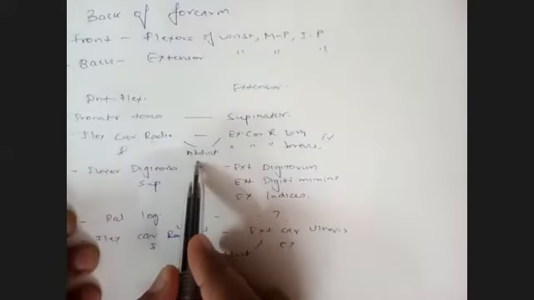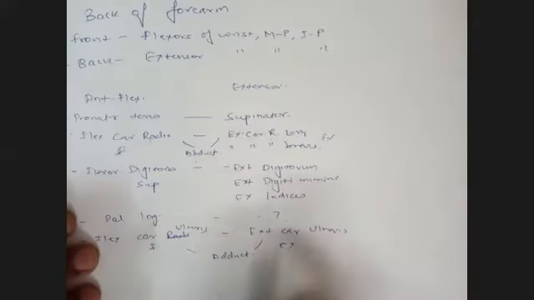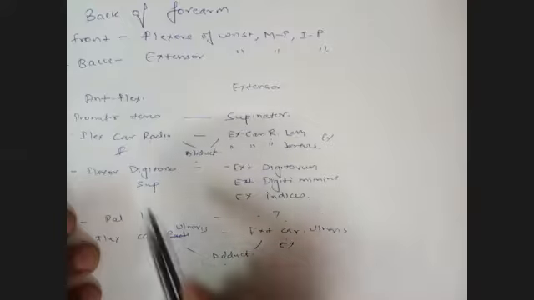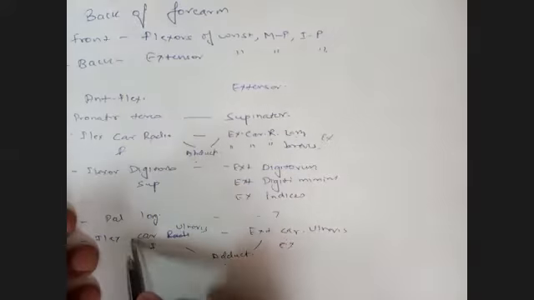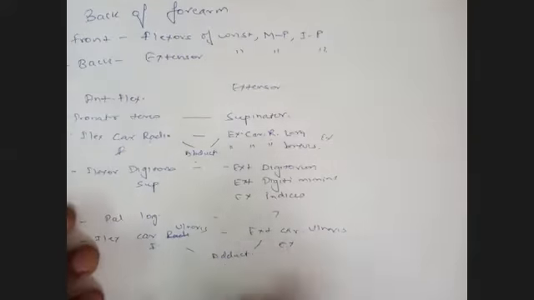Flexion will be caused by flexor carpi radialis and flexor carpi ulnaris both, and extension of the wrist will be caused by extensor carpi radialis longus and brevis and extensor carpi ulnaris. Okay, so both radialis together will cause abduction, both ulnaris together will cause adduction, both flexors together will cause flexion, both extensors together will cause extension.